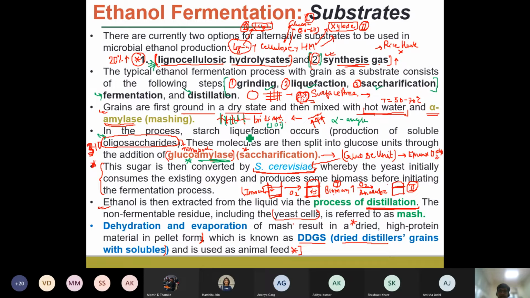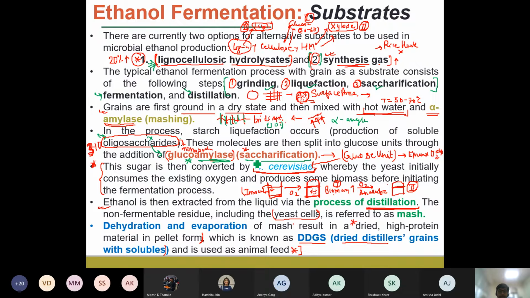But oligosaccharides cannot be taken up by the microorganisms because it is still a chain of 10 glucose molecules. To break them down further, we add glucoamylase, which breaks down these oligosaccharides to individual glucose units. This process of breaking down starch into glucose molecules is called saccharification.